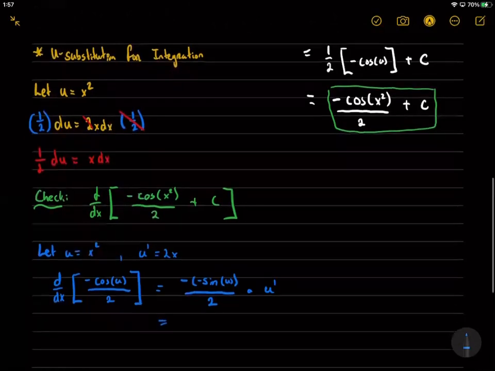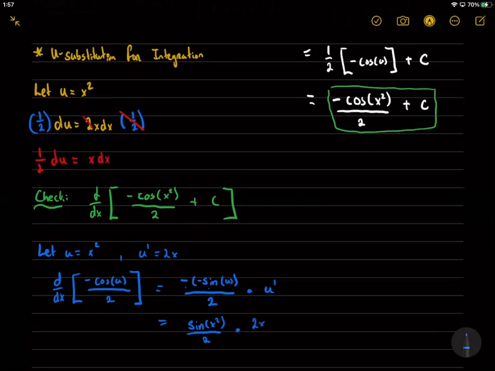So if I make back my substitution here and just rewrite this, negative of negative sine of u would have now become positive sine of u, or just positive sine x squared in terms of x, over 2 times u prime, which is 2x.